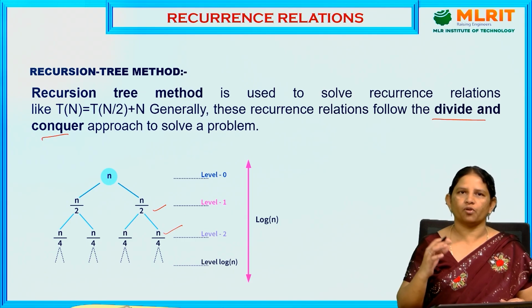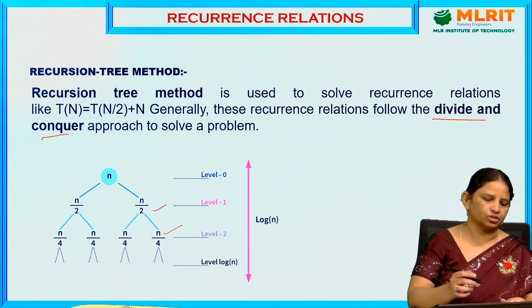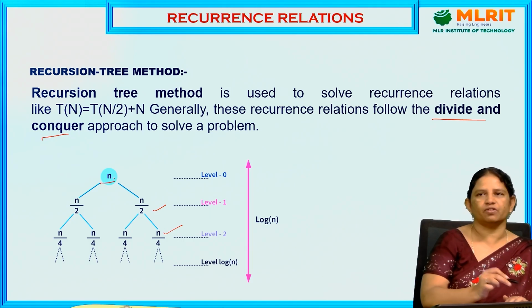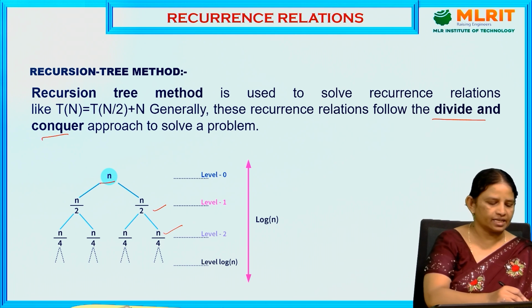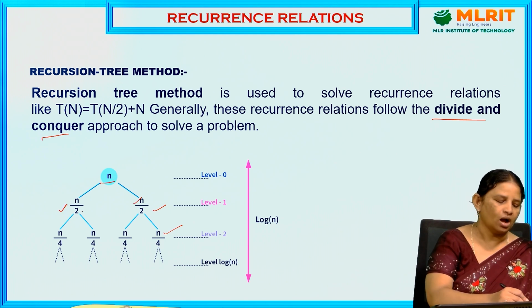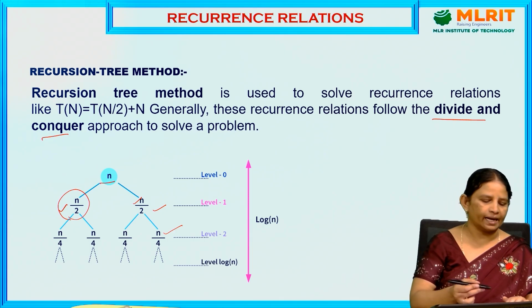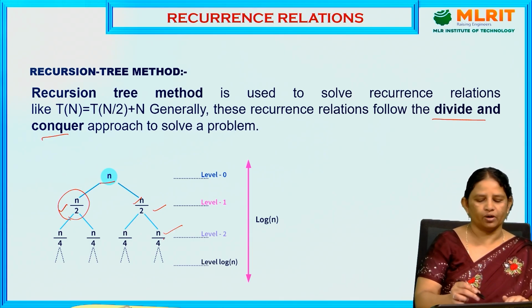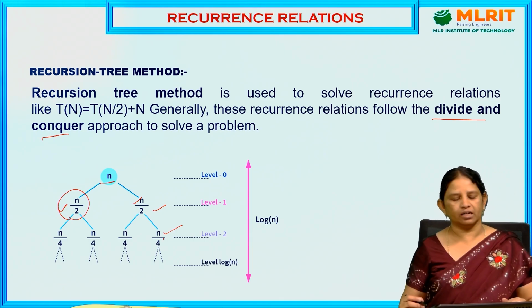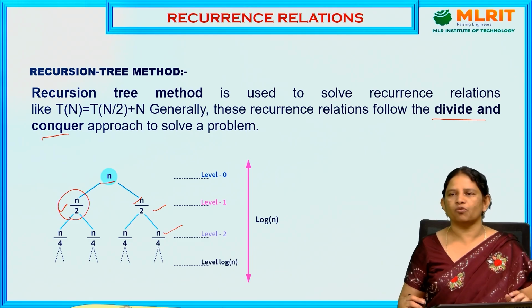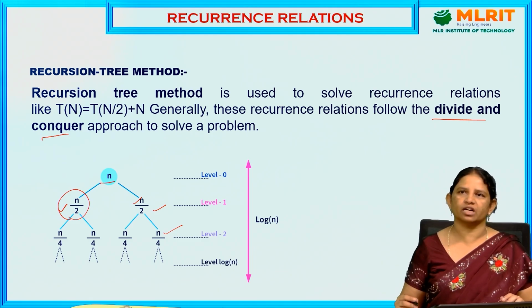If n is divided into two subparts, one is n by 2 and another is n by 2. Again, n by 2 is divided into two parts, n by 4 and n by 4, n by 4 and n by 4. Like that, we need to divide. That is constructed in the form of a tree structure in the recursion tree method.